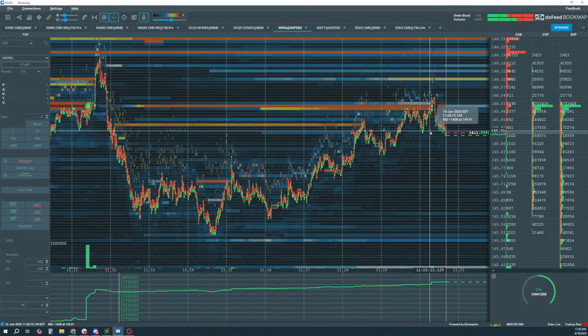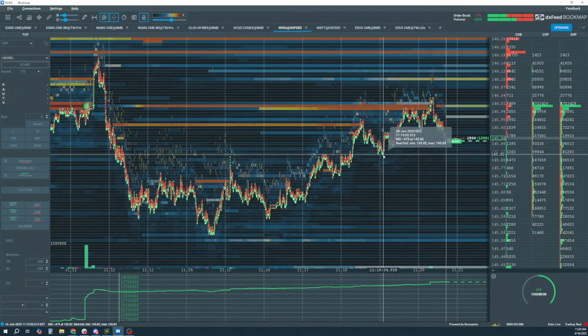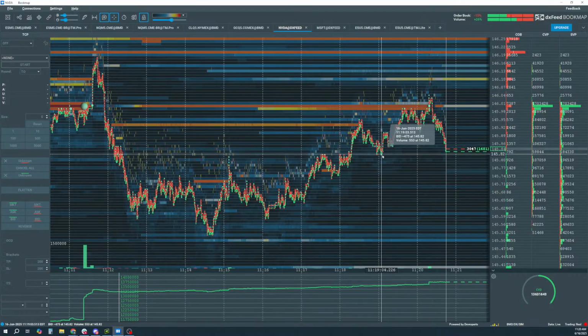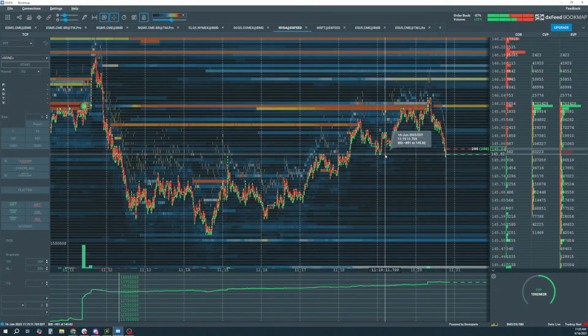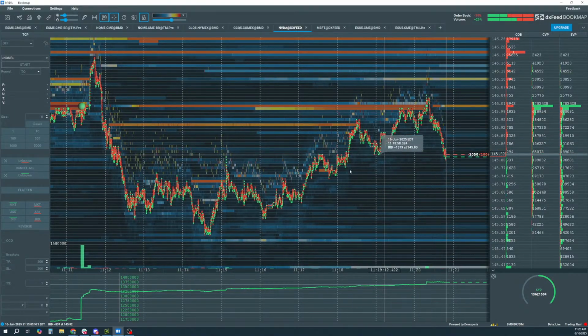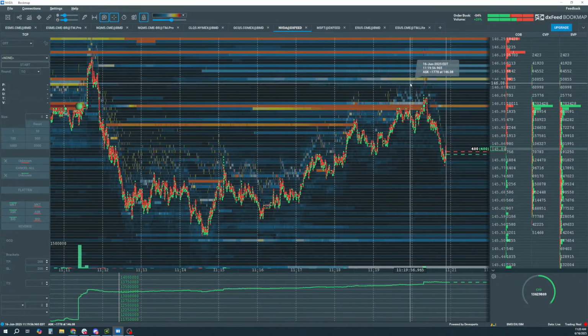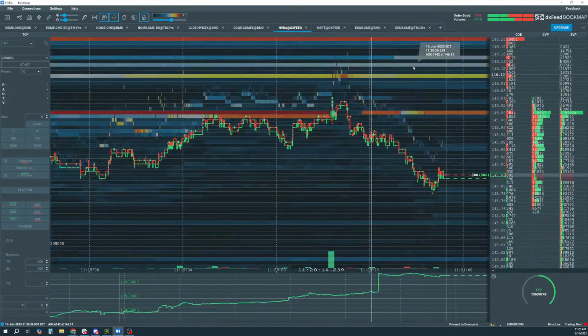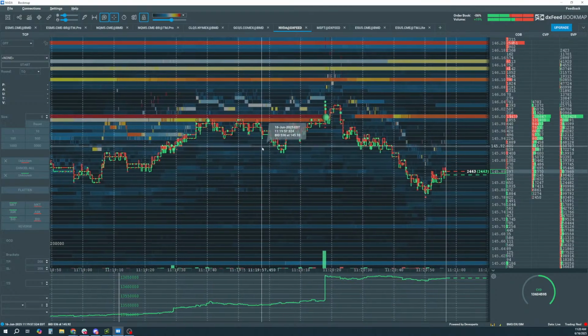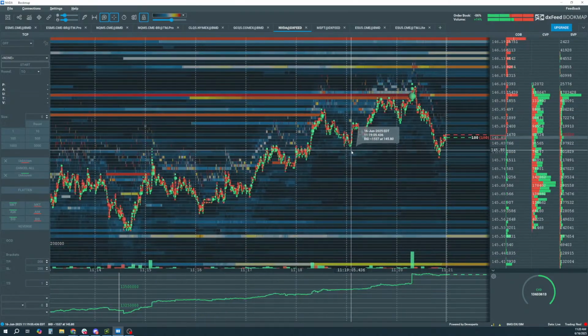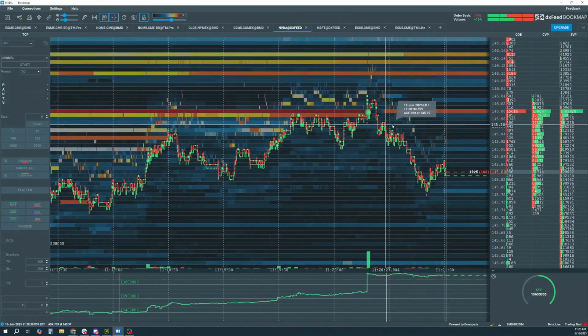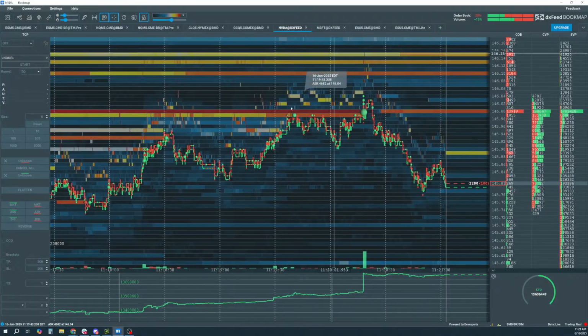Okay, and if not, well, how much lower will it go? We'll go down to this swing here, and do we get buyers to re-engage here, or do they have to come all the way back down to here? And is this low enough in here? Now we get buyers, and then we look for a move back up to 146.